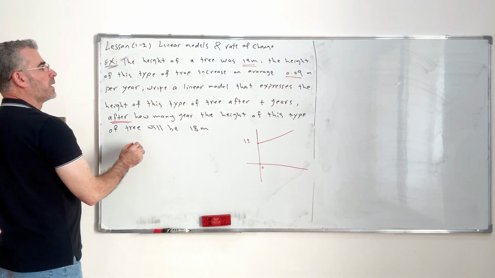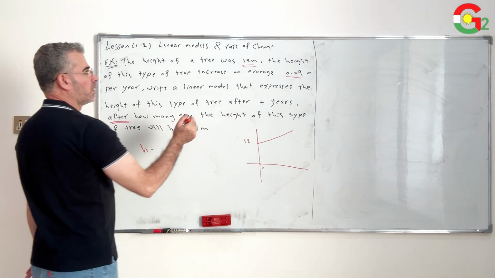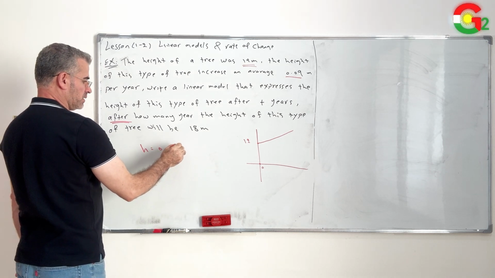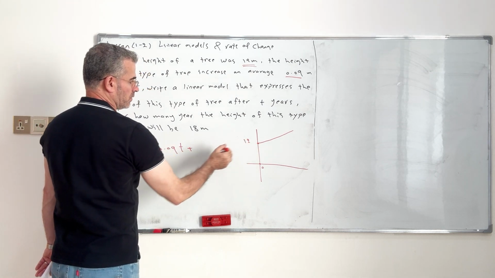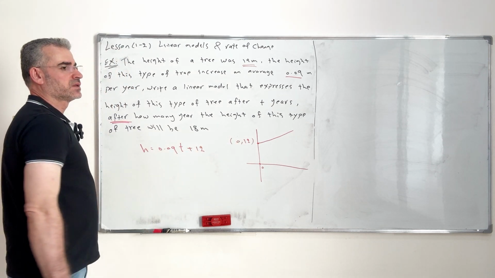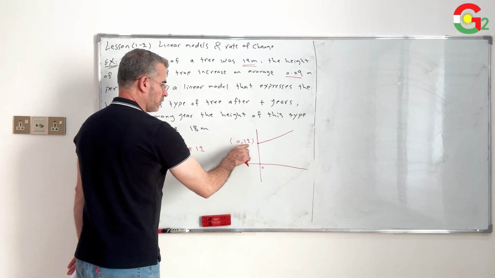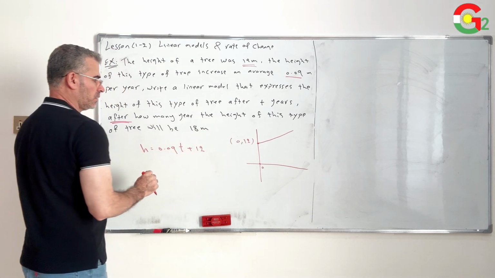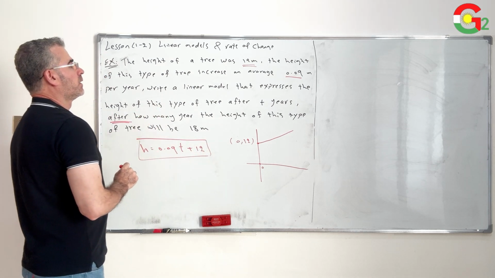Then the height equal to the average rate of change 0.09 times year plus the y-intercept here, plus 12. Since when we plant this tree, its length was 12, then 12 is the y-intercept. This is the linear model of this problem.